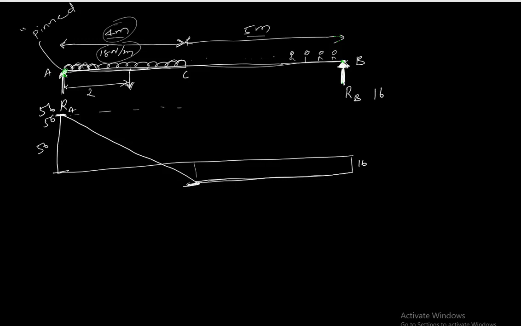So even if you were to draw this shear force from this side, it would still be the same. Okay, we would start off with 56. See, RA we calculated as 56, right? So we'd start off with 56 and then decrease this way until we got to 16, right? And then move until we got to point B.